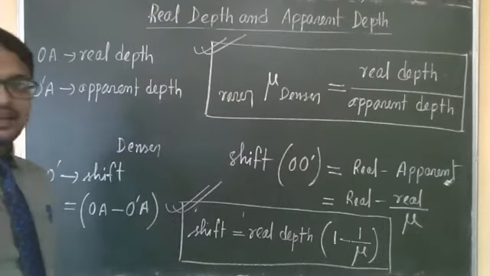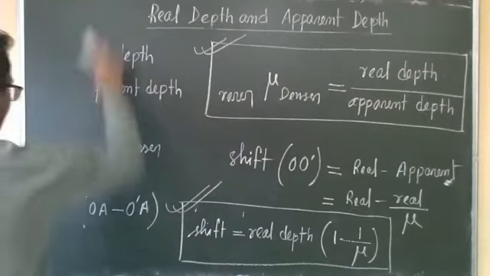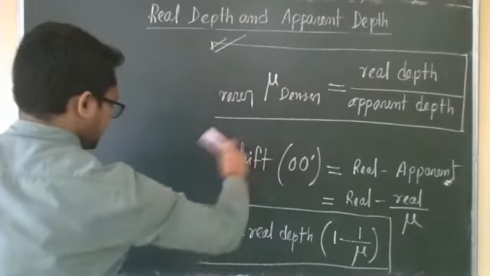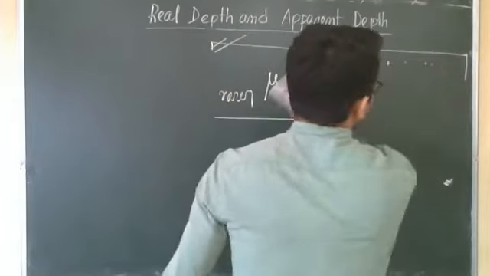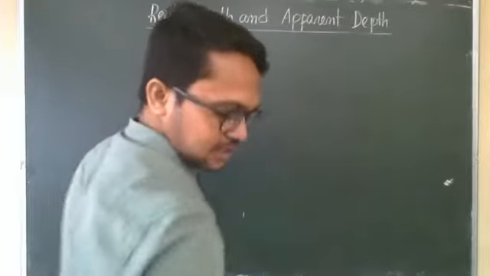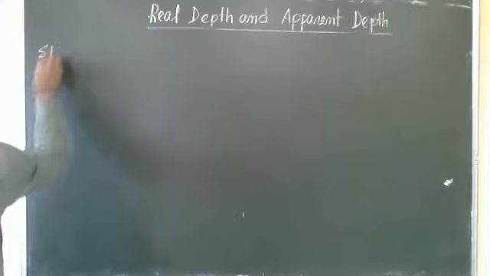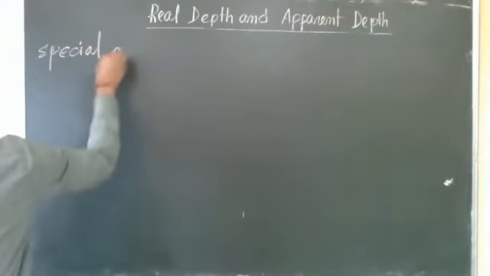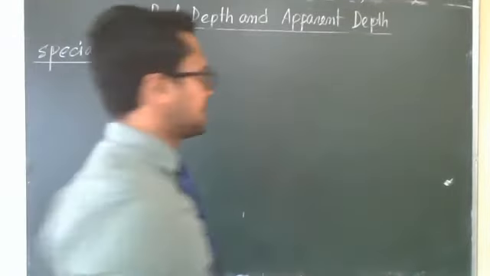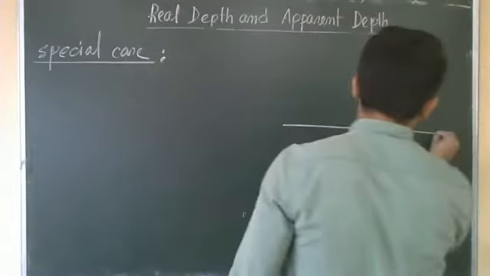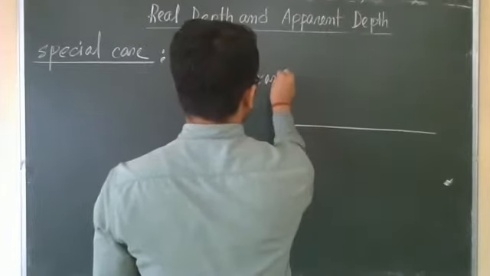Now come to that particular case for which real depth and apparent depth will be equal. This is also a very important question. This is the denser medium and this is the rarer medium.